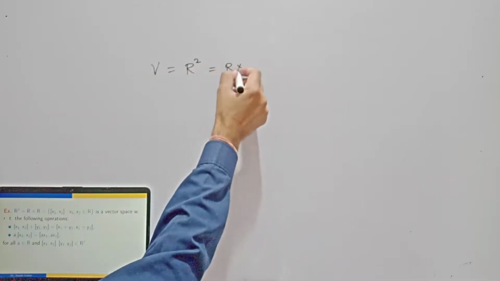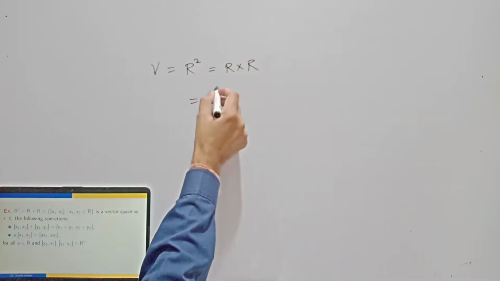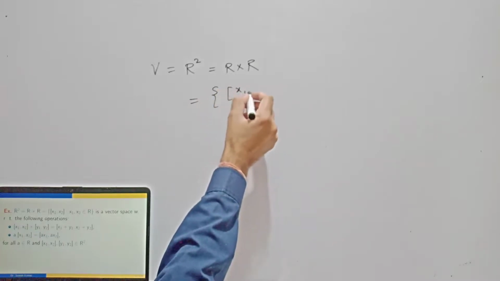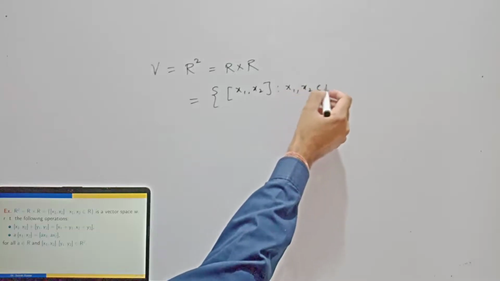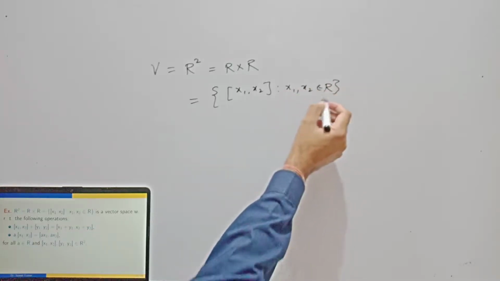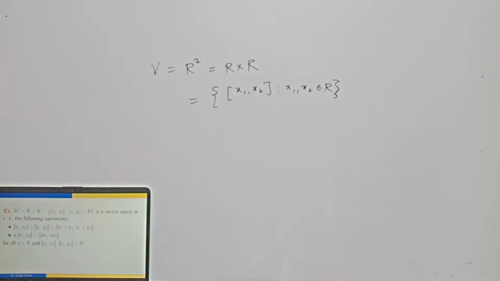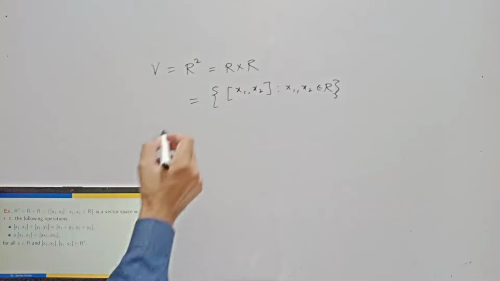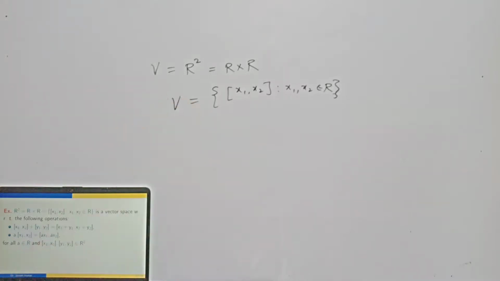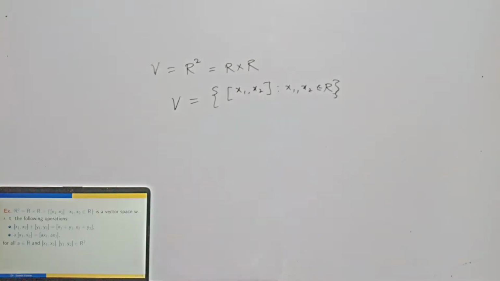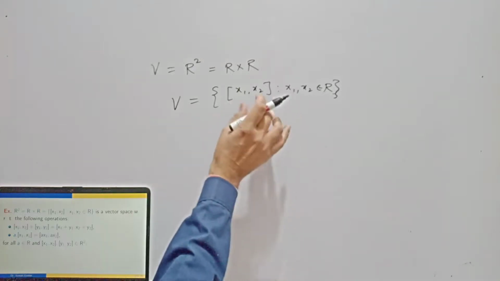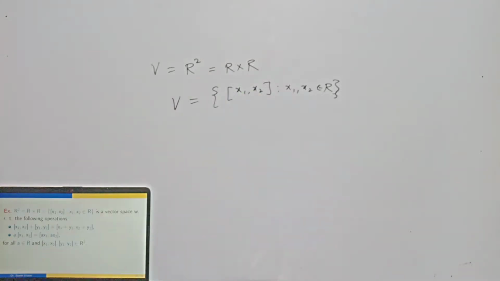R2 means R cross R. What kind of members are here? x1, x2 type members, where x1, x2 are real numbers. That means ordered pairs of real numbers are there in V. So here the vectors are ordered pairs. This is not simply a single real number. It is an ordered pair that is a member of V.